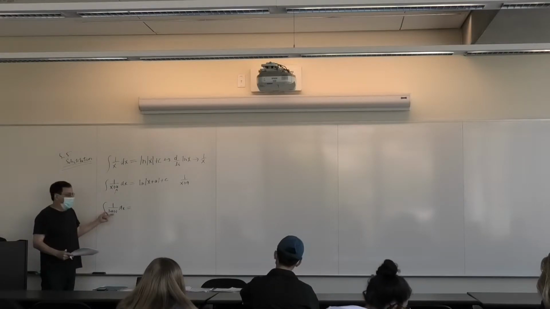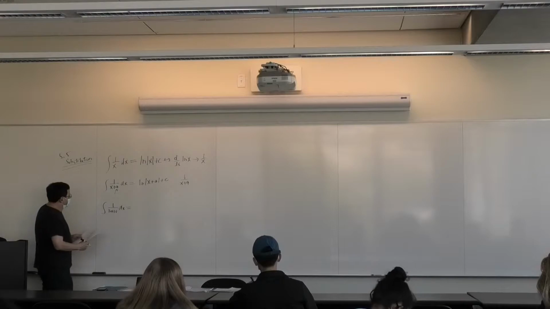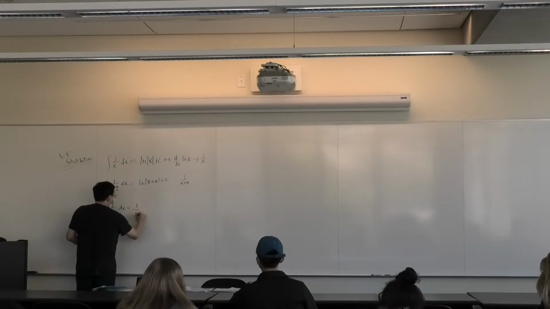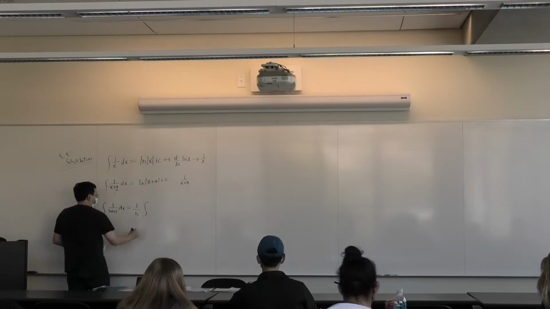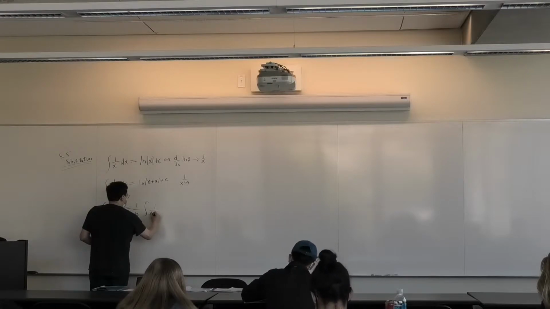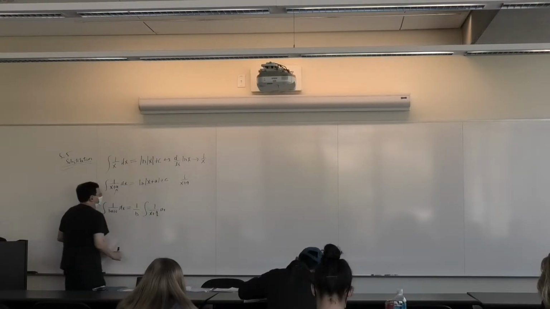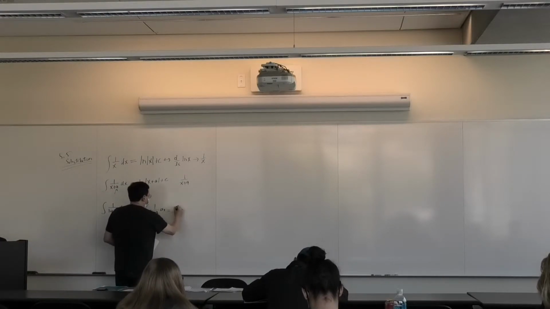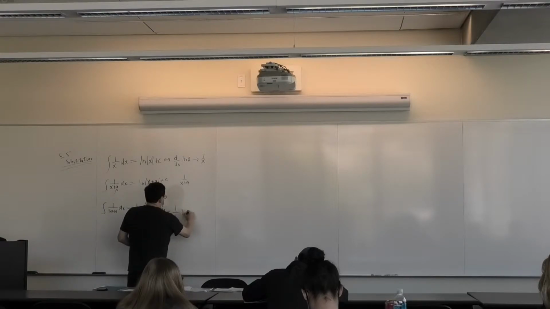And we can do that here if we take out this factor of 1 over b. We get 1 over x plus a over b. Well, we really know what that is, right? So we just end up with 1 over b natural log of x plus a over b.